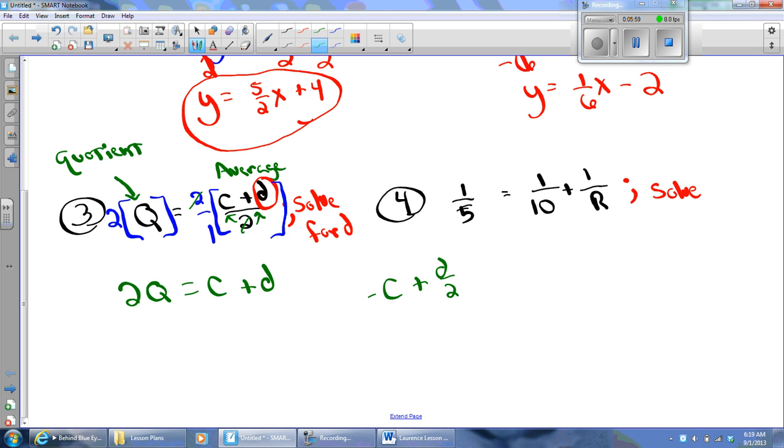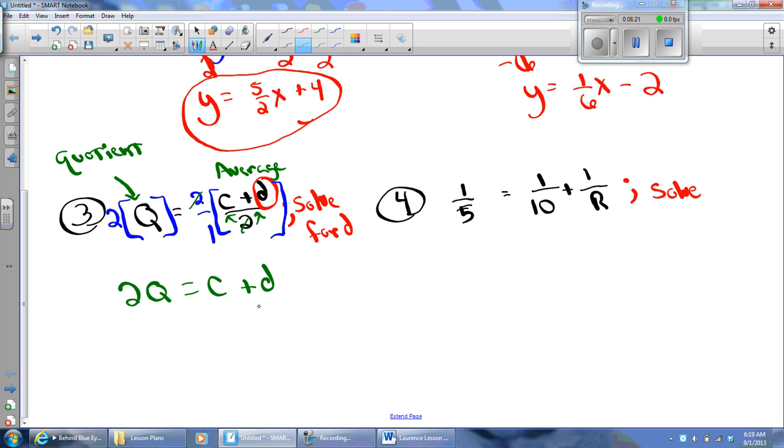In this situation, I would have subtracted off the C first and then multiplied both sides by 2. But when that 2 is under the entire denominator, or there's any number under there, I'm going to go ahead and get rid of that number first because it's attached to more than one thing.